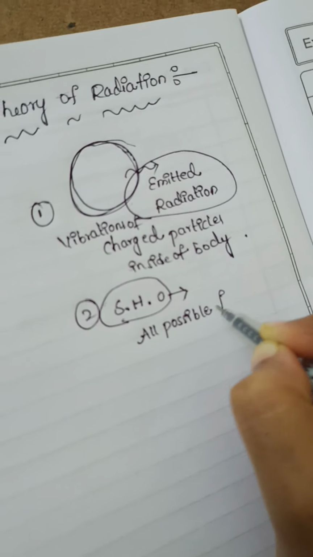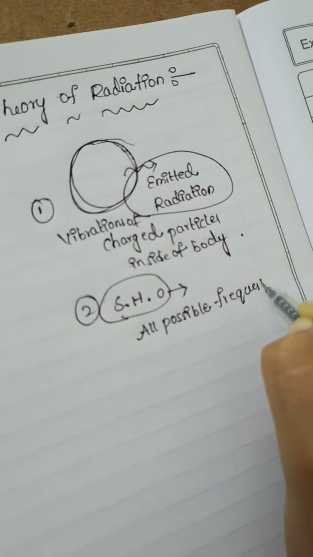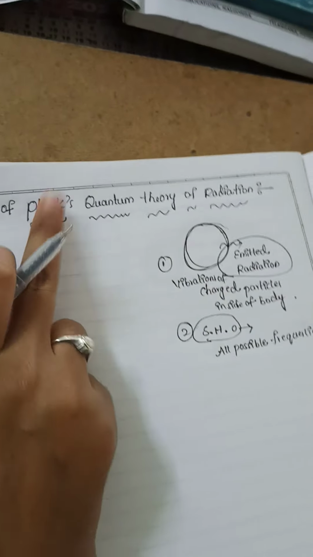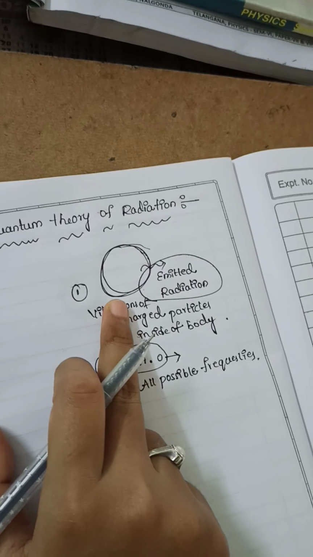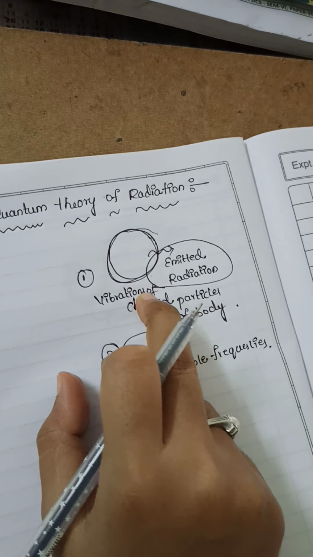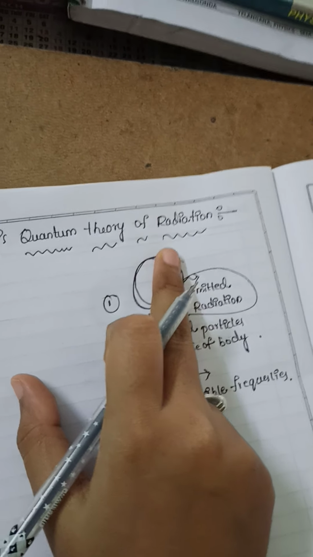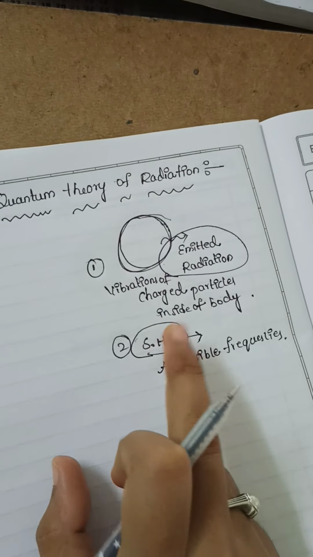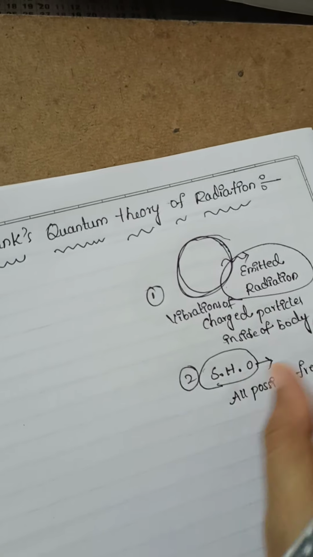According to Planck, the first postulate is that the emitted radiation is only because of the vibrations of the charged particles inside of the black body. And the next one is that the black body radiator contains simple harmonic oscillators with all possible frequencies.